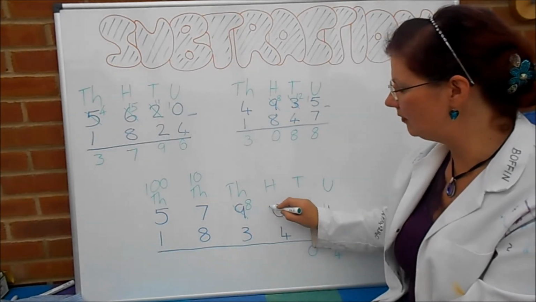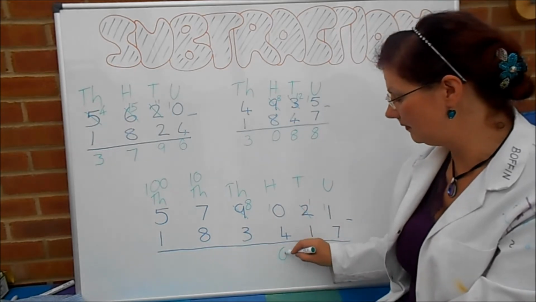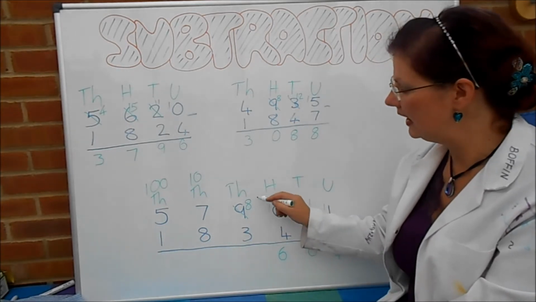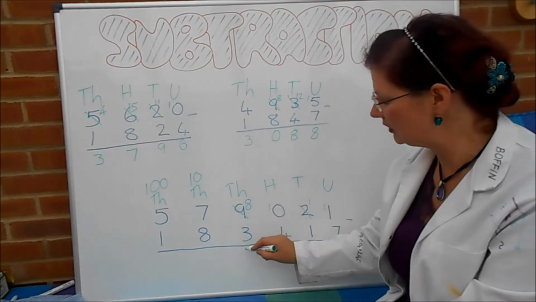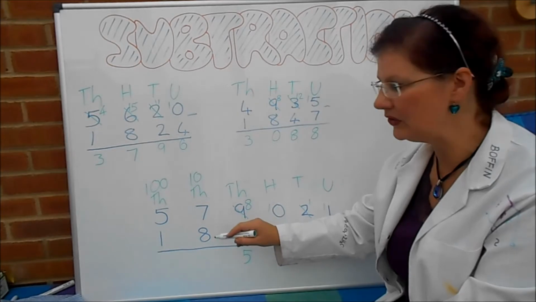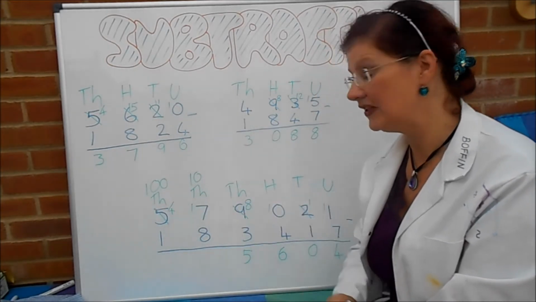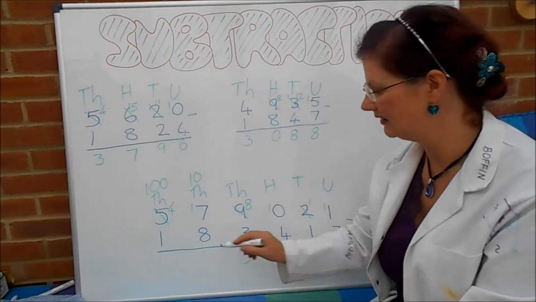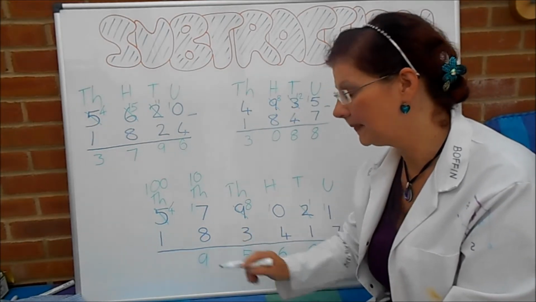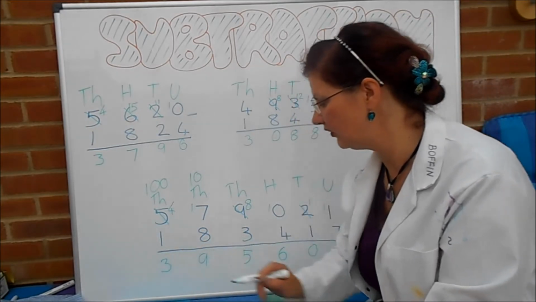So 8 of those remain and now we have 10 here. 10 take away 4, that's 6. 8 take away 3, easy one for a change, that's 5. 7 take away 8, can't do that, unpack one of these. So now it's 17 take away 8, that's 9. And finally 4 take away 1, that's 3.